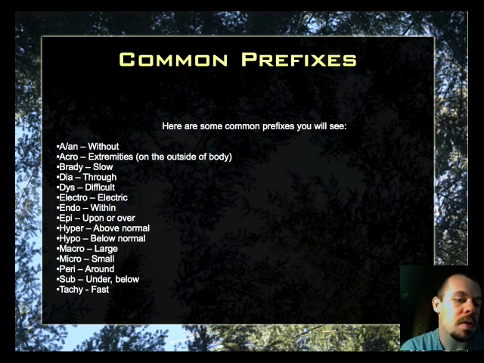Endo, within. You'll probably go into a hospital at some point and see the word endoscopy, and that just means it's a department where they do an examination with some kind of scope that goes inside part of you. For example, a gastroscope.